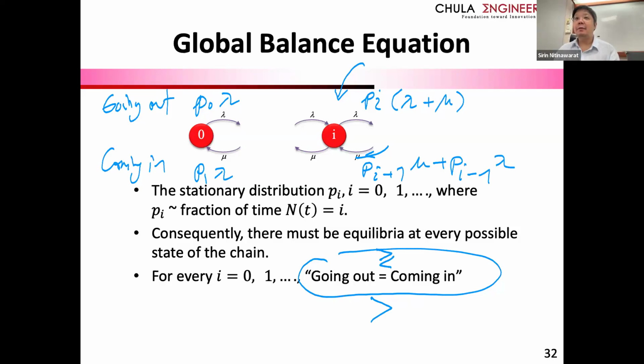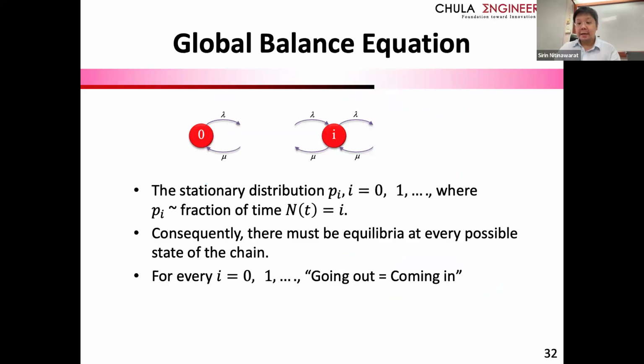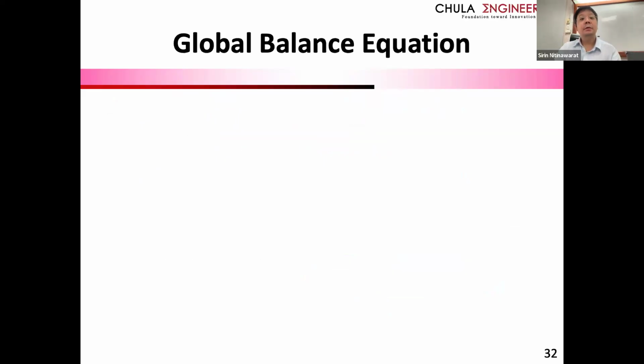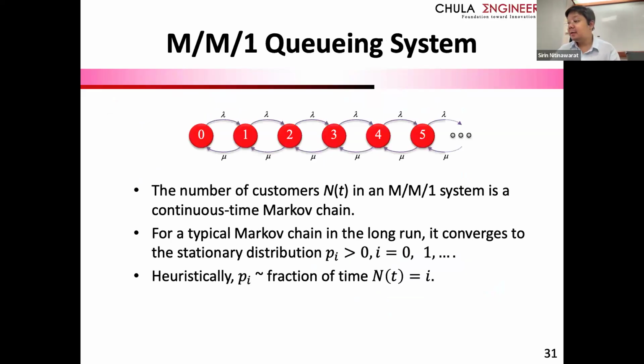What do you think will happen? Let's say at this specific state, going out is larger than coming in. What do you think will happen?